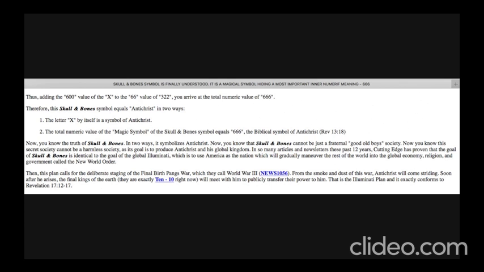Then this plan calls for the deliberate staging of the final birth pains war, which they call World War III. From the smoke and dust of this war, Antichrist will come striding. Soon after he arrives, the final kings of the earth will meet with him to publicly transfer their power to him. That is the Illuminati plan, and it exactly conforms to Revelation 17:12-17, biblical prophecy.